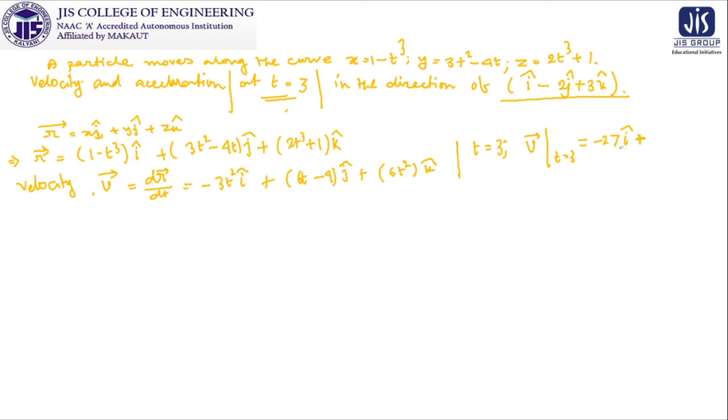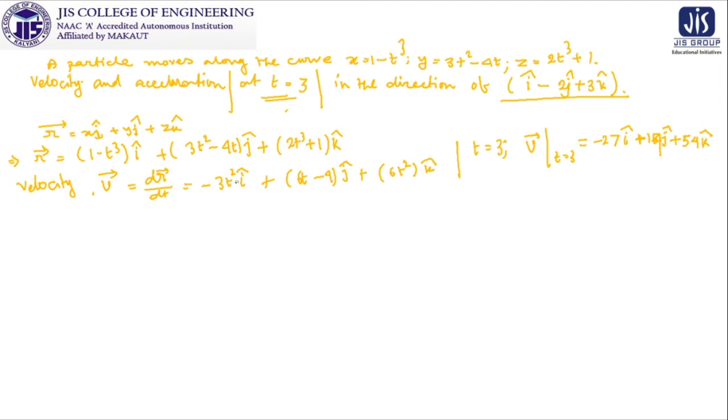Then 6 into 3 is 18, minus 4, that is 14, so 14j. And 6 times 9 is 54, so 54k.